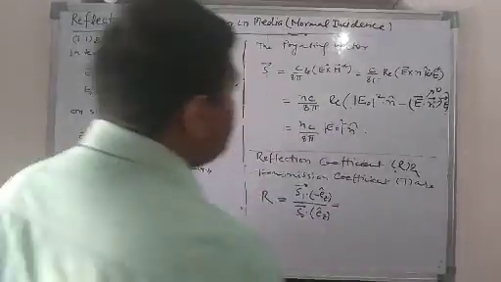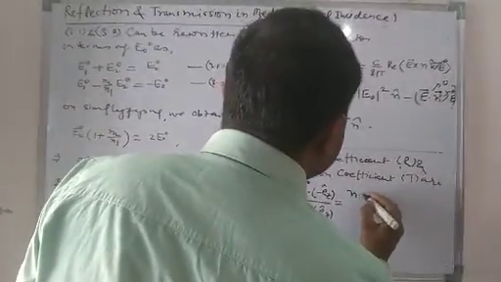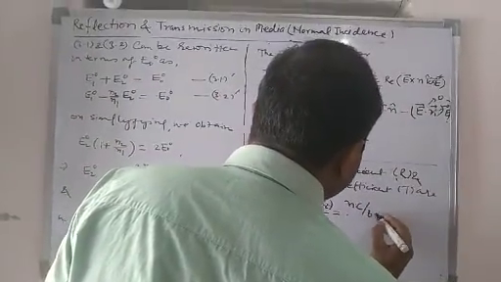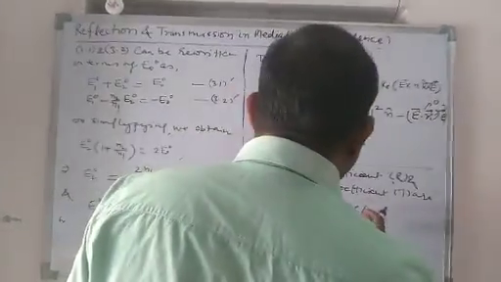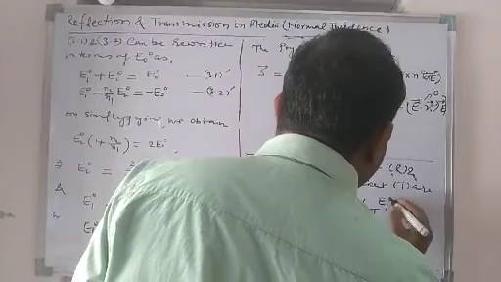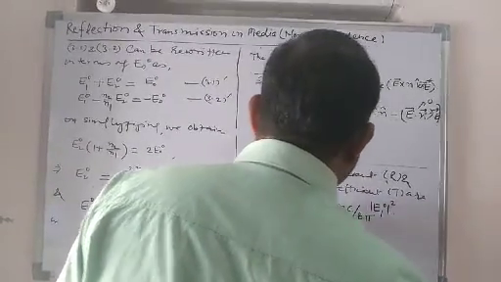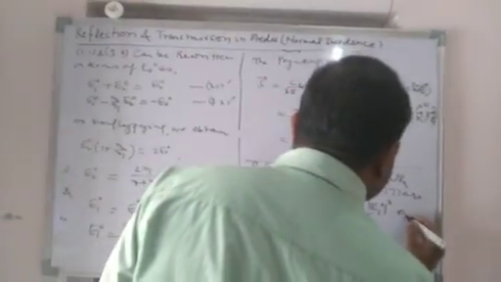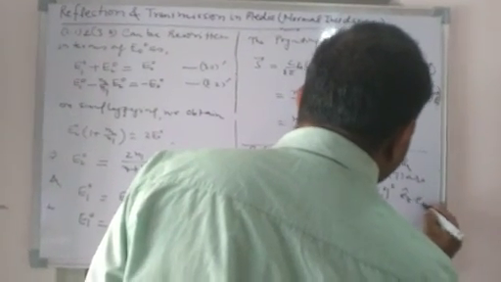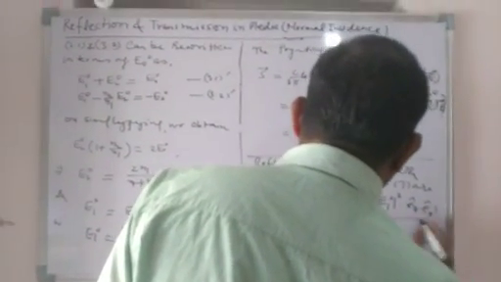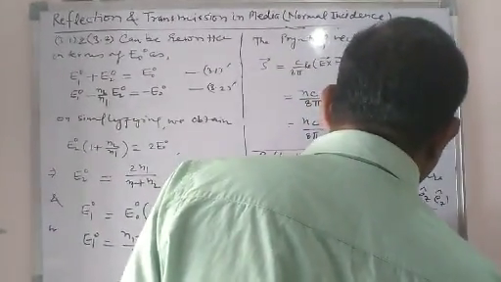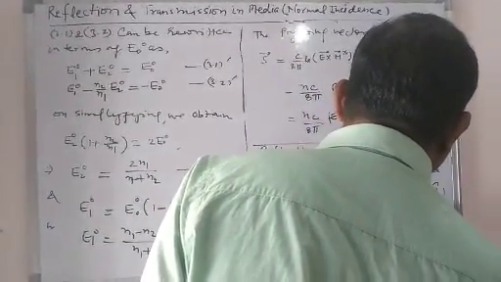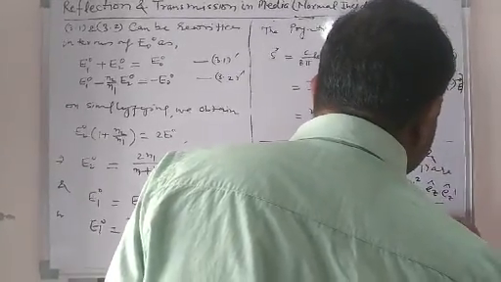Now S1 would be n1 c by 8 pi E1 naught square, and then n dot Ez hat, upon n1 c by 8 pi E naught naught square, and Ez hat.